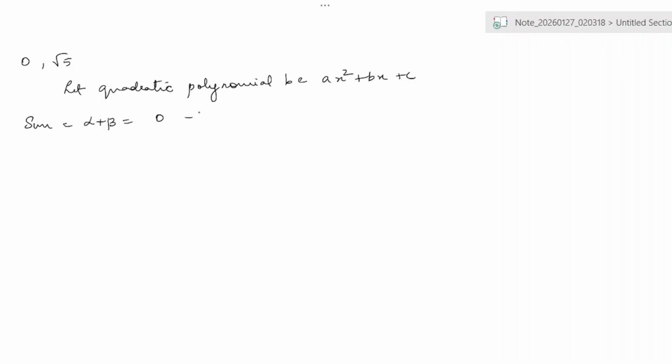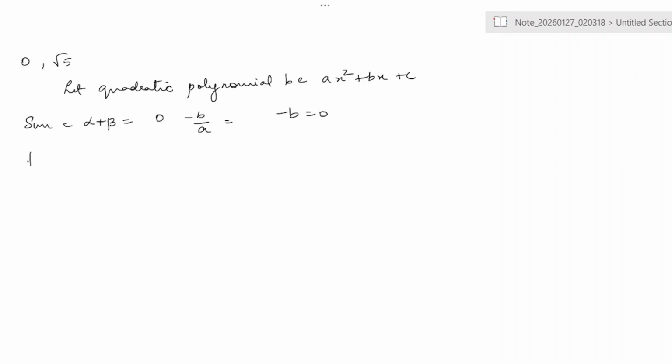0 comma root 5. So let the quadratic polynomial be ax squared plus bx plus c, and sum is equal to alpha plus beta, that is 0, that is minus b by a, so minus b is 0.